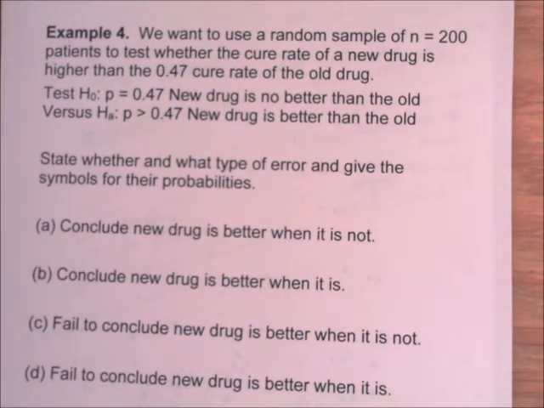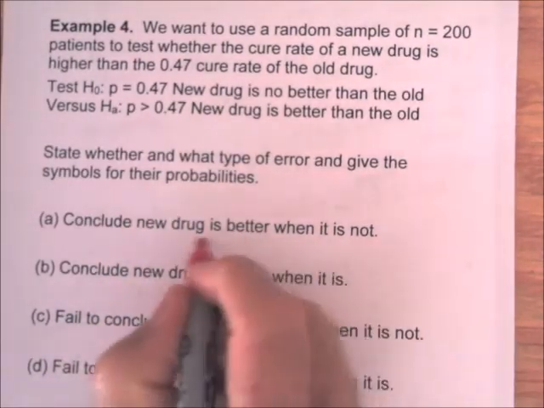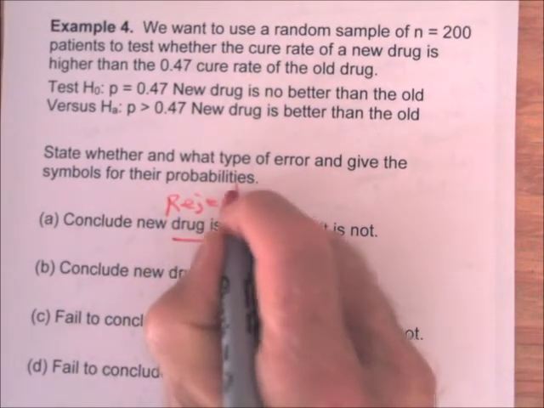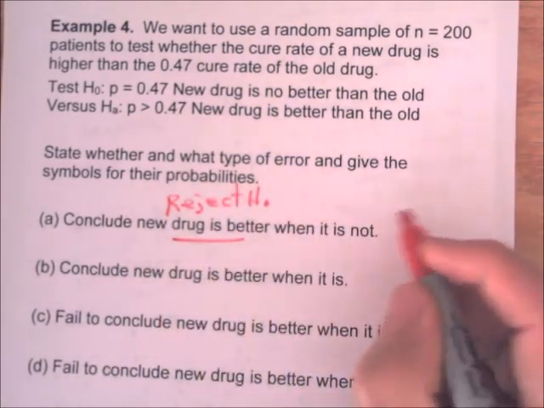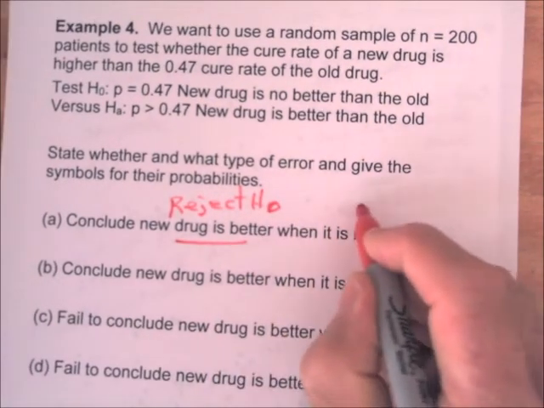So that means we're rejecting H naught. If we conclude the new drug is better, that means we reject H naught. And if it's not better, that means H naught is true.